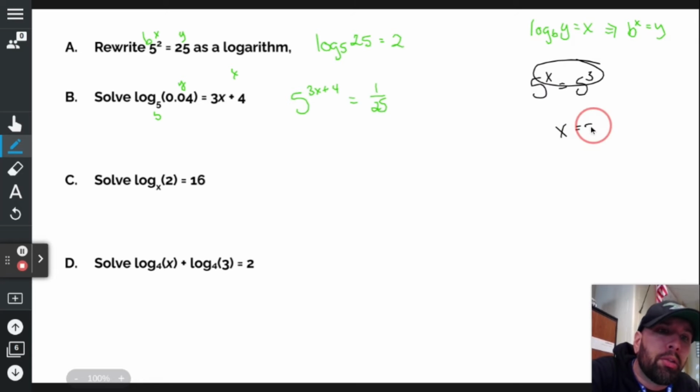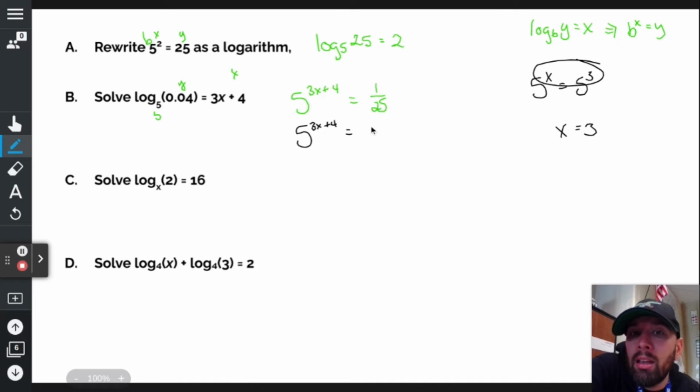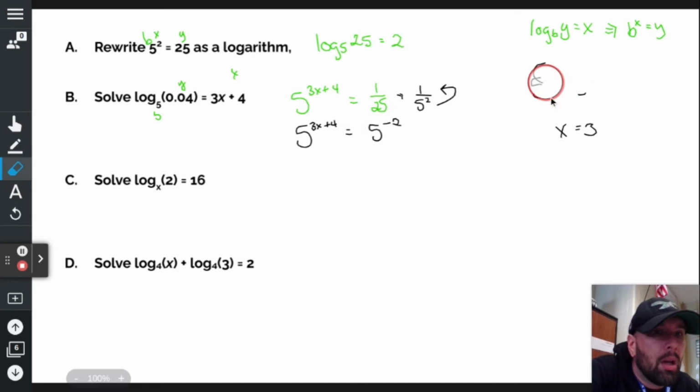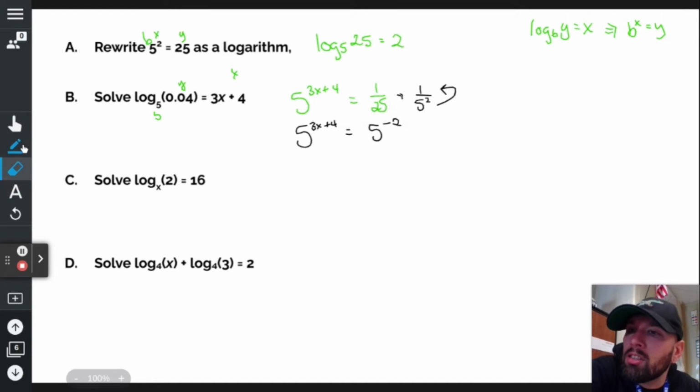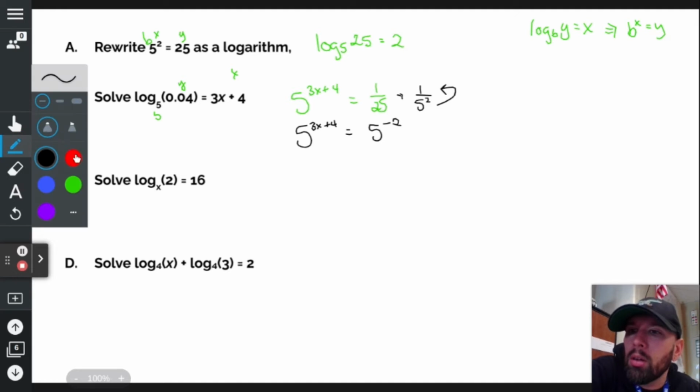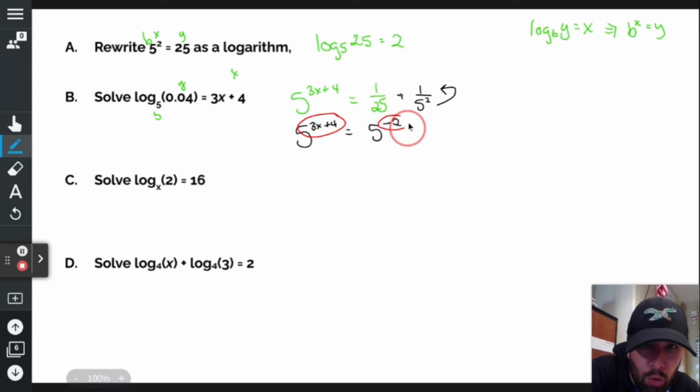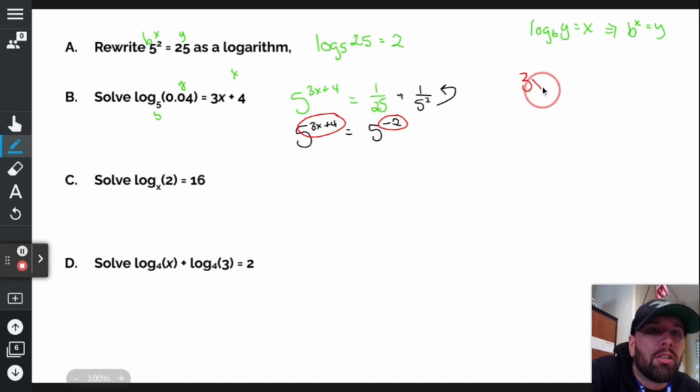I can write 1 over 25 as 1 over 5 squared, and then move that up and make it a negative exponent. Now I have the same exact base for both, and I can set the exponents equal to each other. So I have 3x plus 4 equals negative 2.